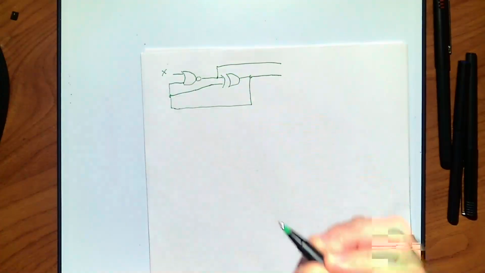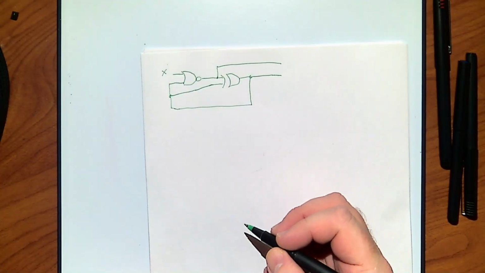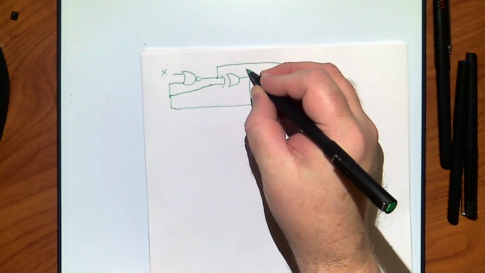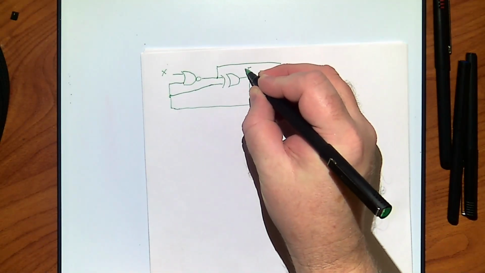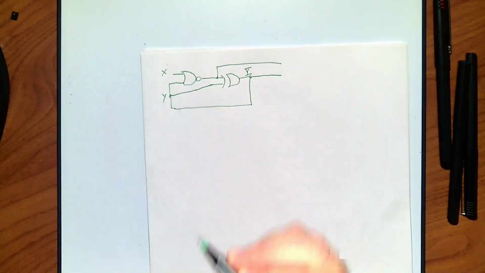I'm going to call this my input X, and I'm going to call this capital Y, because I'm going to call this point back here little y. You might look at those and say they are electrically identical, right? Kind of. I agree they're electrically connected, but it will take a little bit of time for capital Y to go to little y.